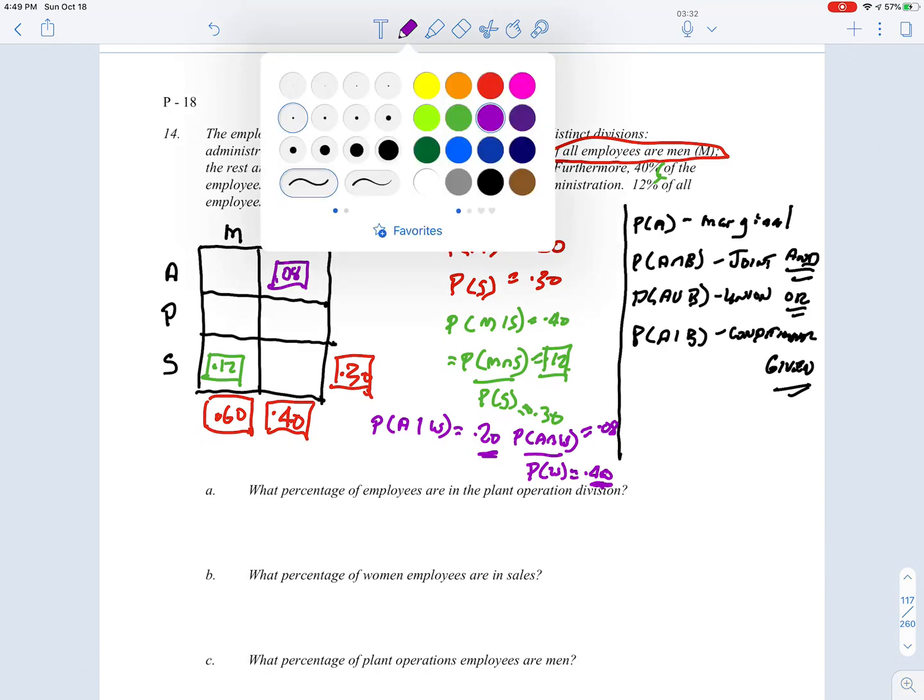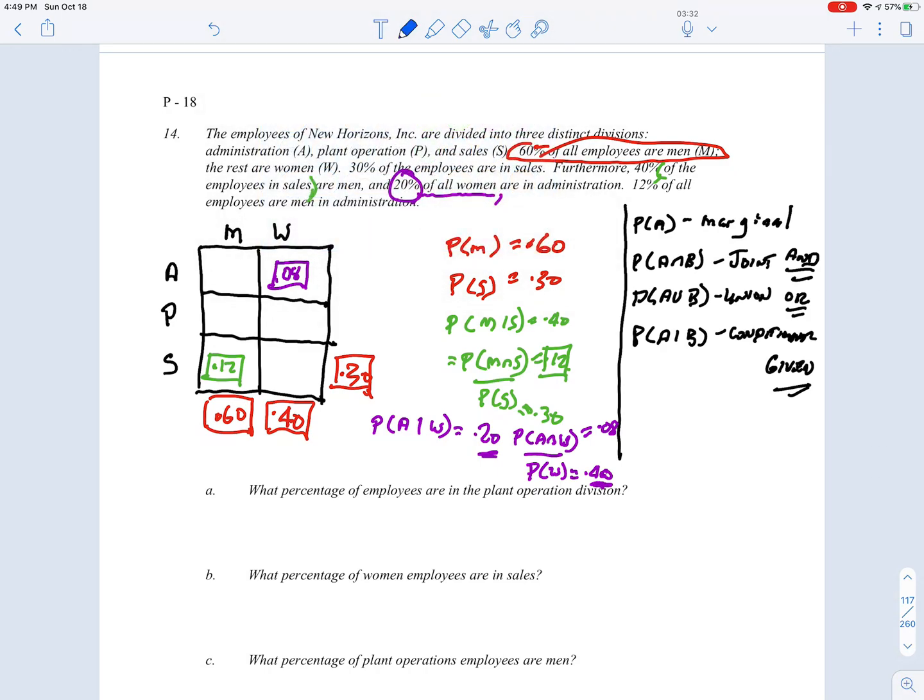And then finally we've got down here that, let's change colors again, 12% of all employees are men in administration. That's how you would write a joint probability. So 12% of everybody have these two factors.